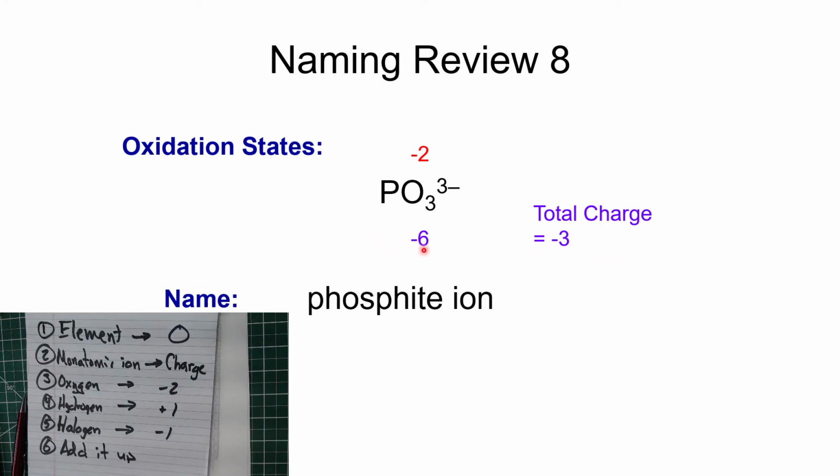So some number plus -6 gives us -3. Well, that some number obviously has to be +3. So +3 divided by the 1 phosphorus gives us a +3 oxidation state in phosphite. All right. After you do enough of these, you will be able to do these pretty easily by yourself.